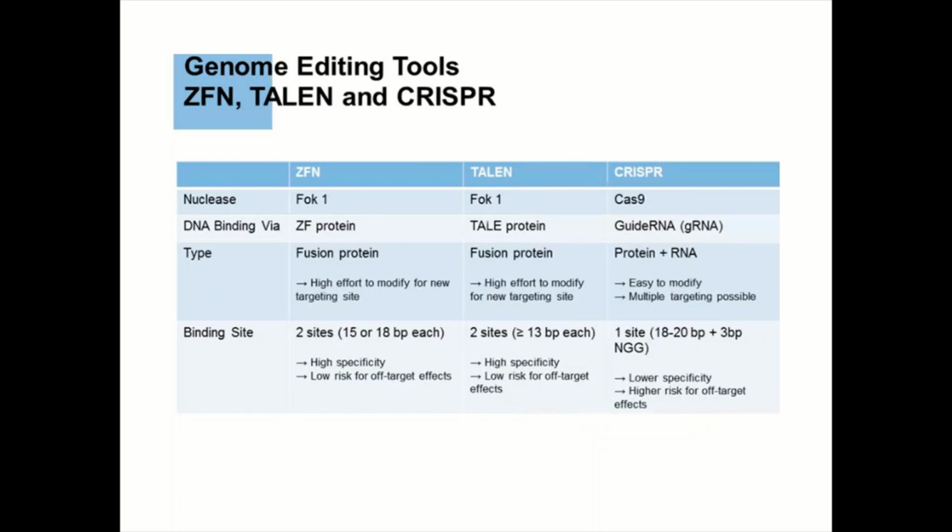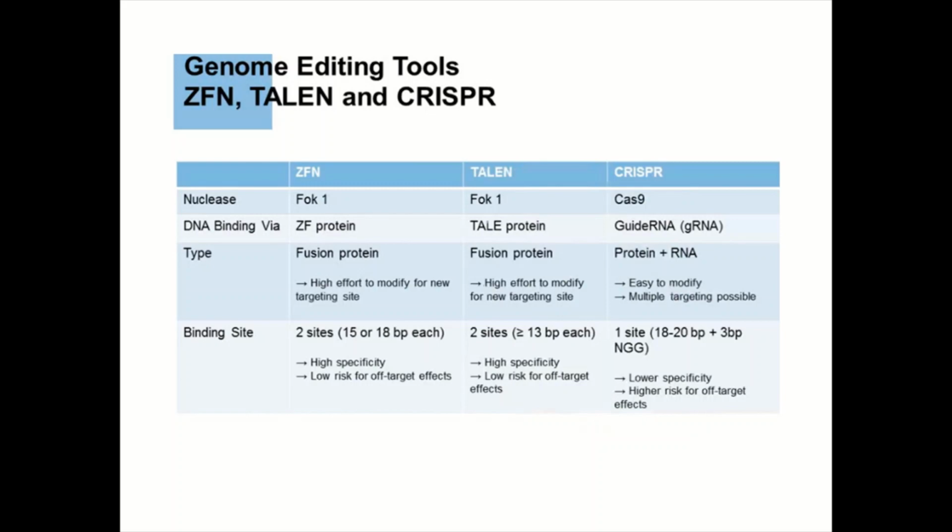The DNA binding domain is formed by zinc fingers in zinc finger nucleases and TAL proteins in TALENs, but in the CRISPR-Cas9 system, the DNA binding domain is formed by single guide RNA. Zinc finger nucleases and TALENs are fusion proteins, but the CRISPR-Cas9 system is a combination of protein and RNA.